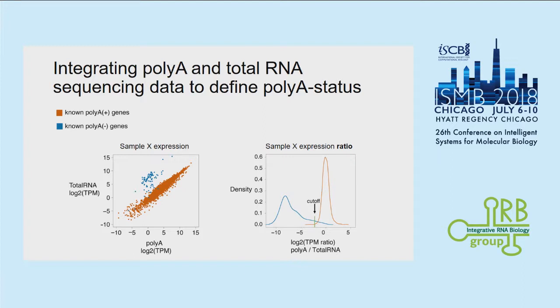So we can then use the ratio of expression between poly-A and total RNA libraries to define a cutoff to separate polyadenylated and non-polyadenylated RNAs, based on the reference known genes.